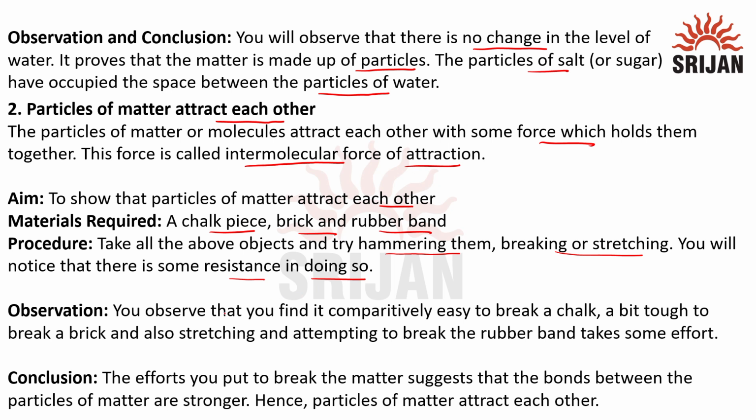We observe that it is comparatively easy to break a chalk, a bit tougher to break a brick, and stretching and attempting to break the rubber band takes some effort. So we can conclude that the effort we put in to break the matter suggests that the bonds between the particles of matter are strong. Hence particles of matter attract each other. By this we prove that matter particles attract each other.